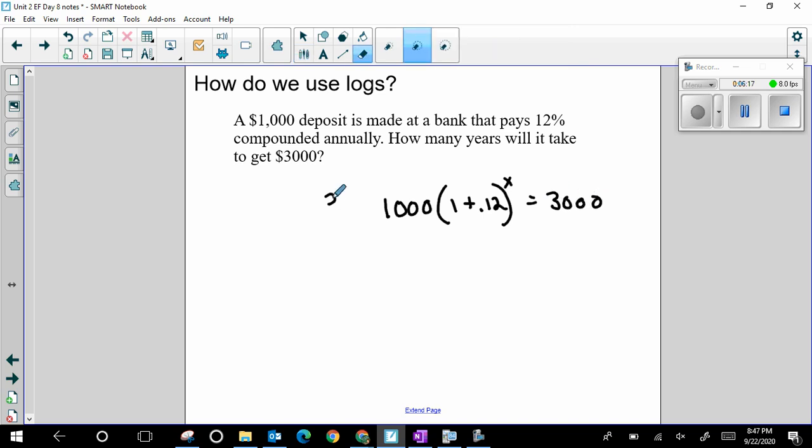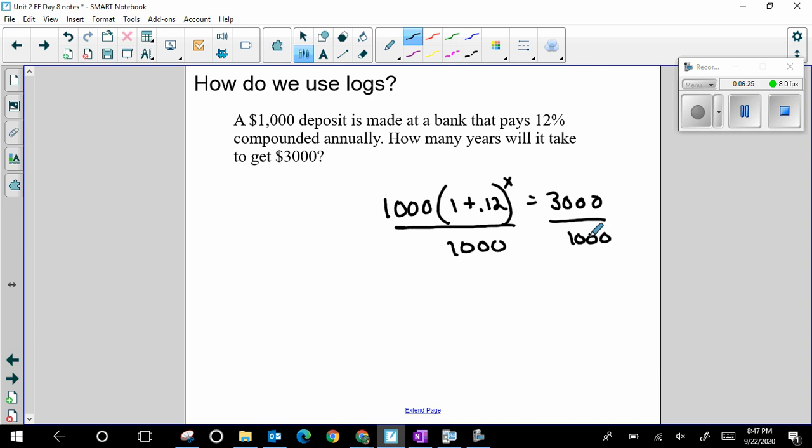Okay, so we can solve these using algebra now. We're going to divide both sides by 1,000. So I get 1.12, my parentheses, to the power of x equals 3. Okay, so before what we did was we graphed it. Remember we did y sub 1 is 1.12 to the x power.